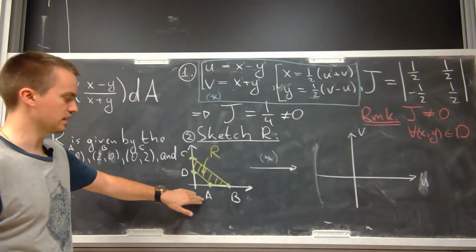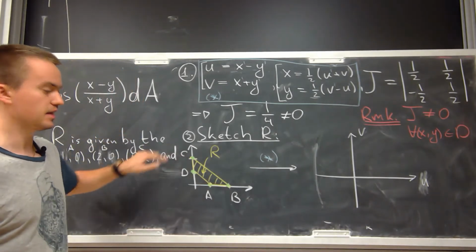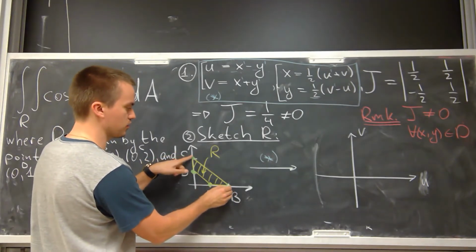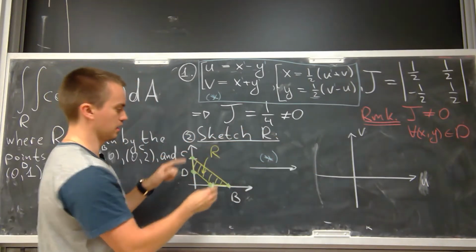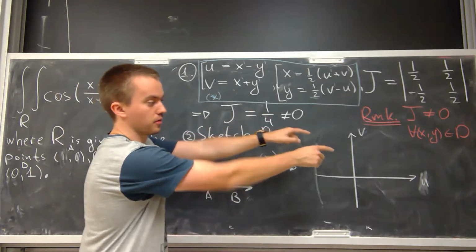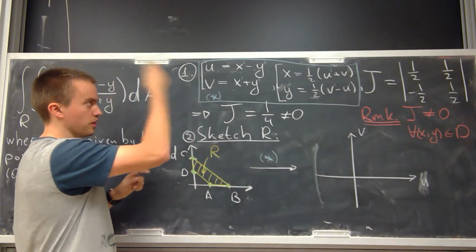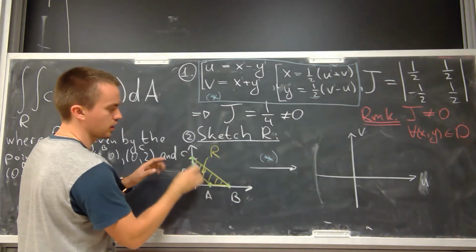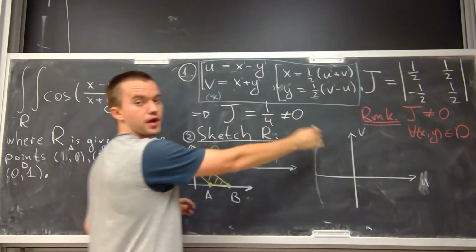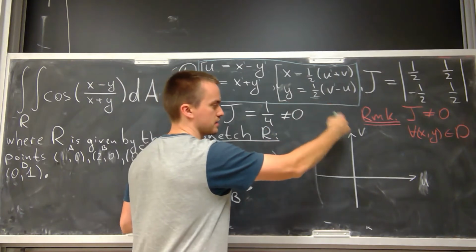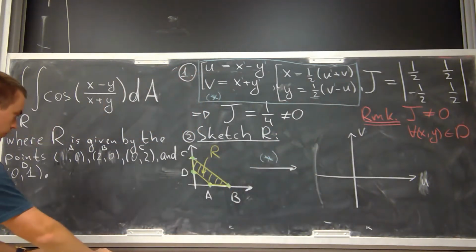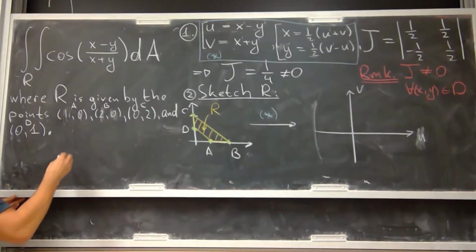So I want to find the image of A, B, C, and D. The reason is, if I find the image of 2 points, let's say B prime and C prime in that picture, then since my change of variables are linear functions, this straight line segment will transform to another straight line segment in my region D.